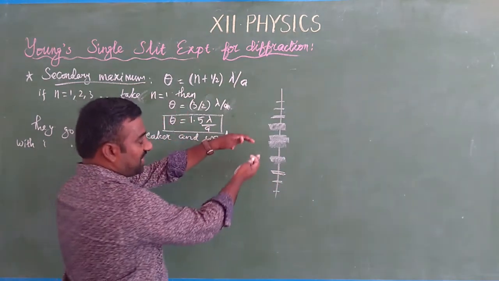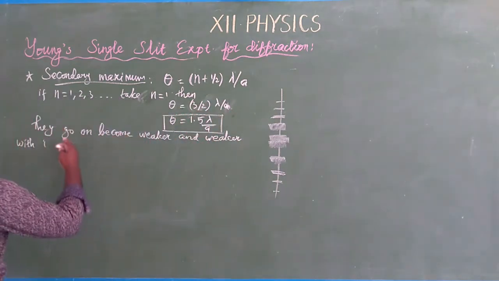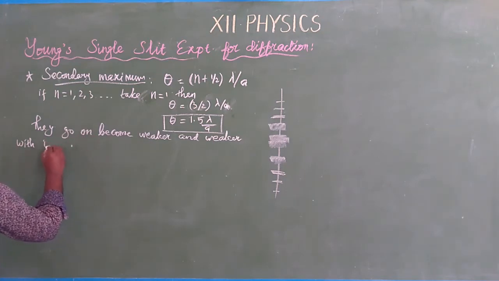Okay, so இப்ப n நமக்கு increase ஆக நமக்கு என்ன ஆயிட்டே போகுது இன்டென்சிட்டி வீக்கர் ஆயிட்டே போகுது. So they go on become weaker and weaker with increasing n.